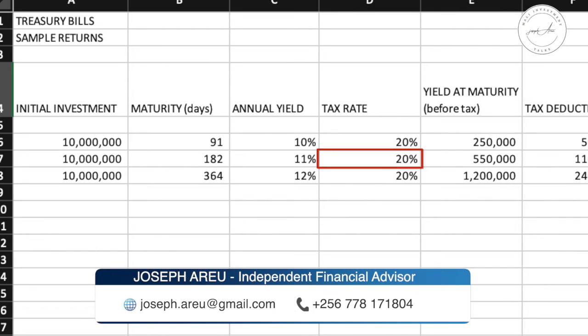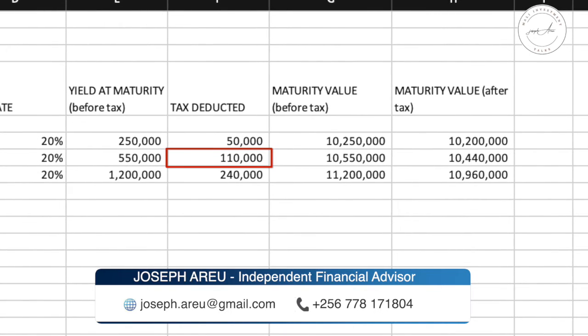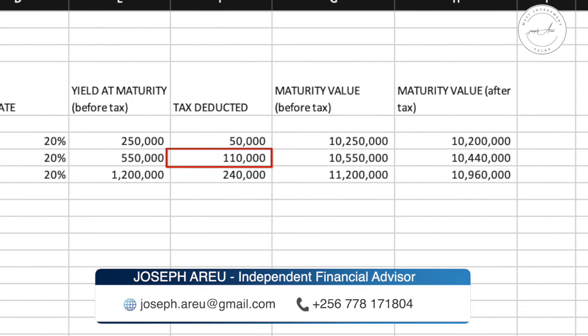So the total gross income you will get at the end of 6 months will be 550,000. The tax deducted will be 110,000. And so at the end of the 6 months, the total proceeds that government will pay you will be 10,440,000. The 10 million is what you invested in the first place, and the 440,000 is your income at the end of the 6 months.